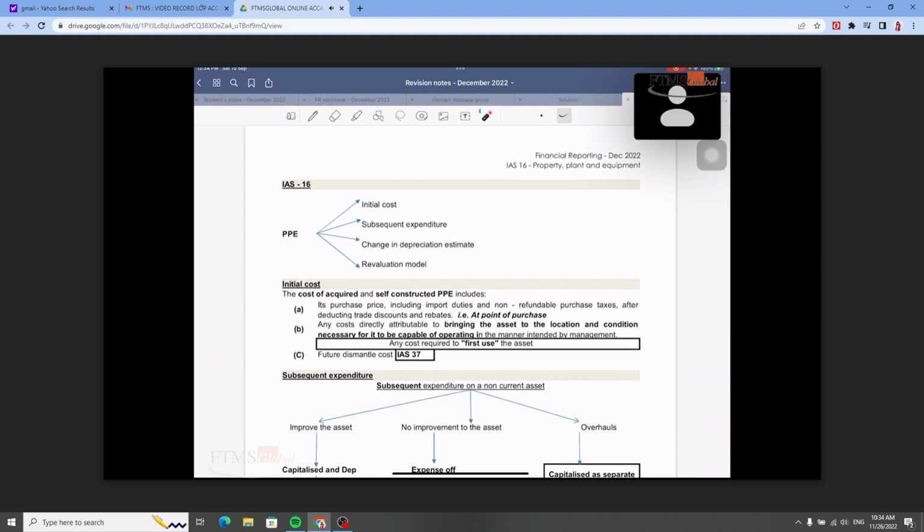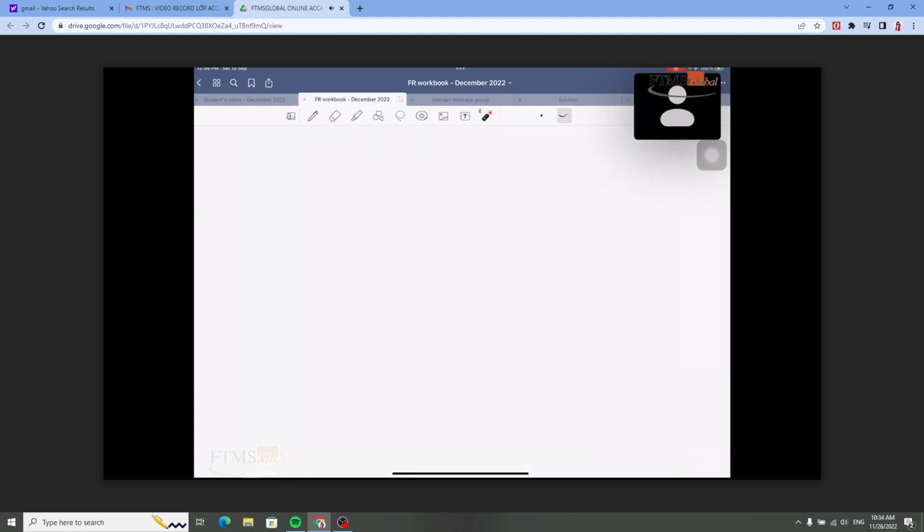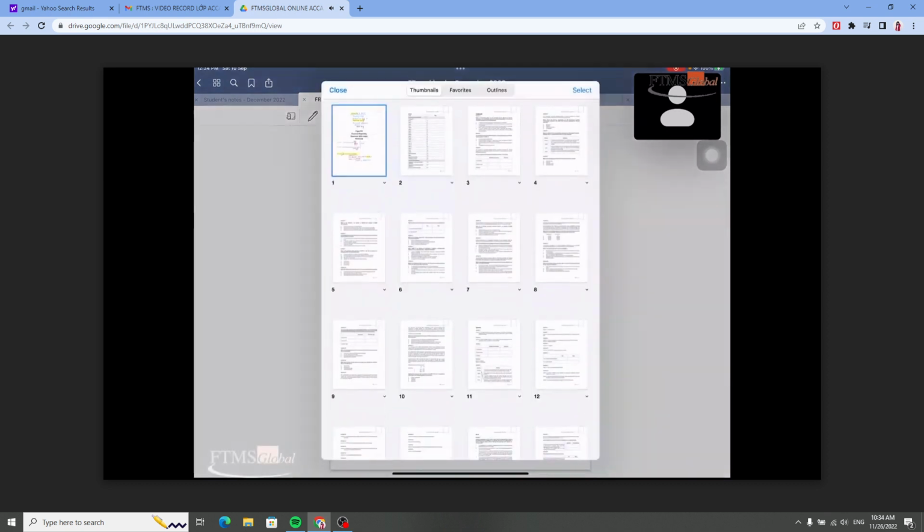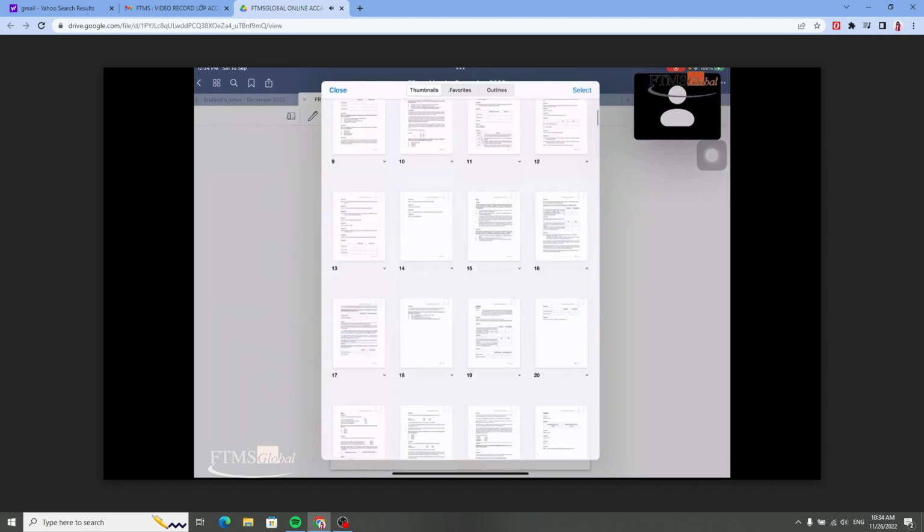Then now what we're going to do, of course, we are going to do some questions. We need you to refer to your workbook. This workbook is divided into 2 parts. One, of course, is the question, and the other one is illustration, our class illustration. I think the class illustration is all the way at the back. So you look from the back now.